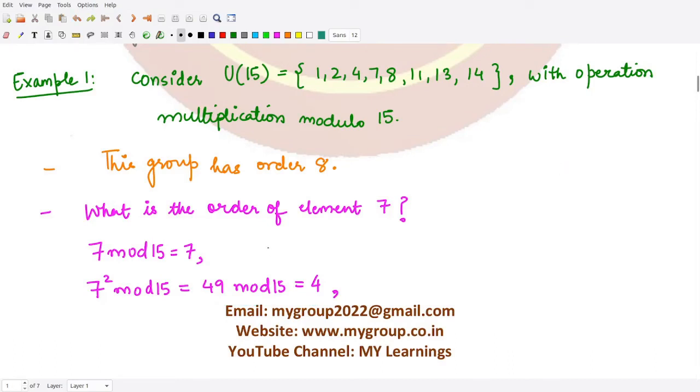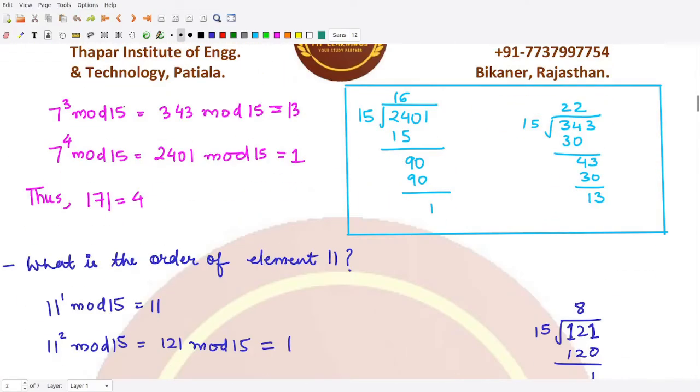In a similar fashion, you can calculate 7 cube mod 15. 7 cube is 343, and 343 mod 15 is 13, which is not equal to 1. Similarly, for 7 to the power 4 mod 15, we first calculate 7 to the power 4, which is 2401, and 2401 mod 15 leaves remainder 1. So here you have the identity element.